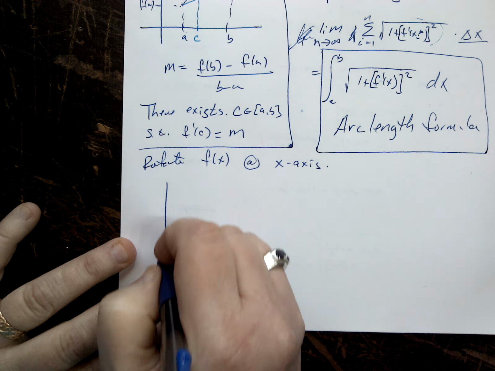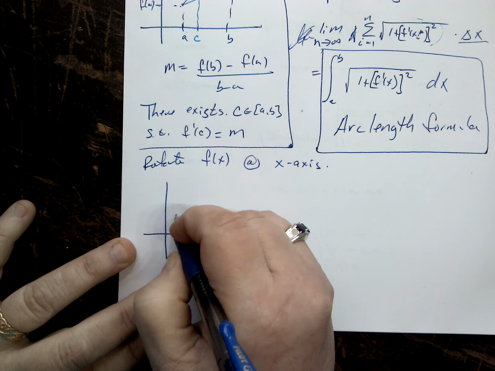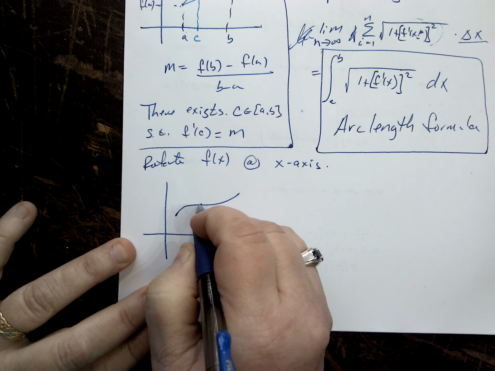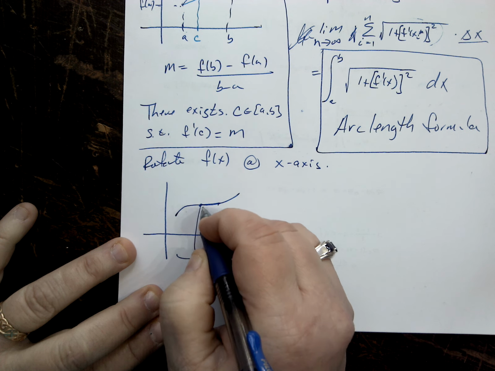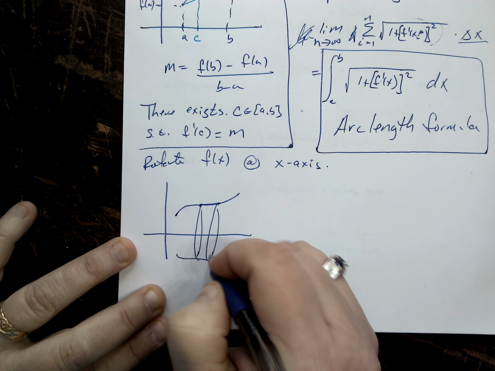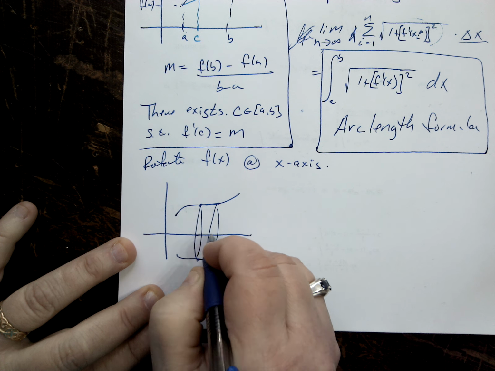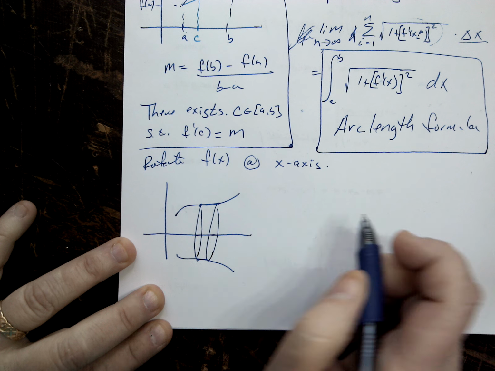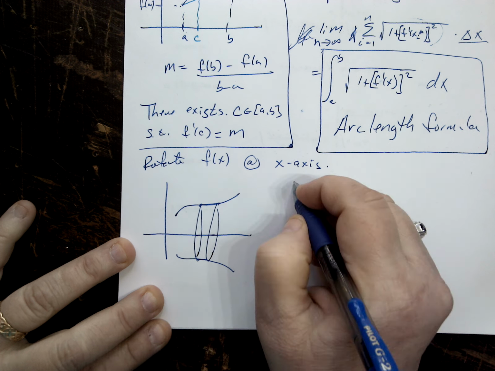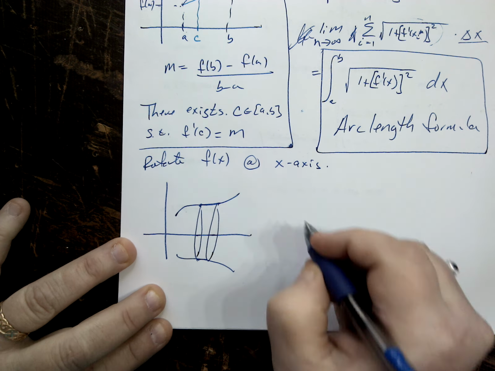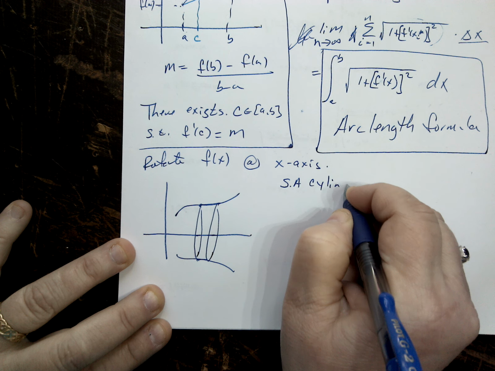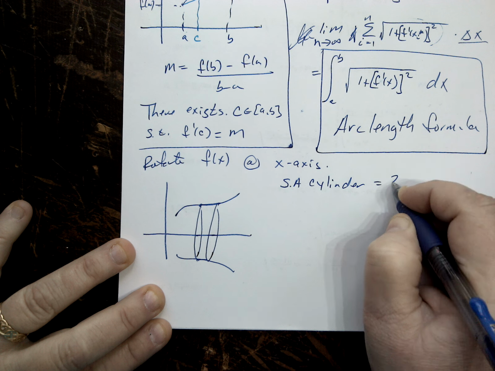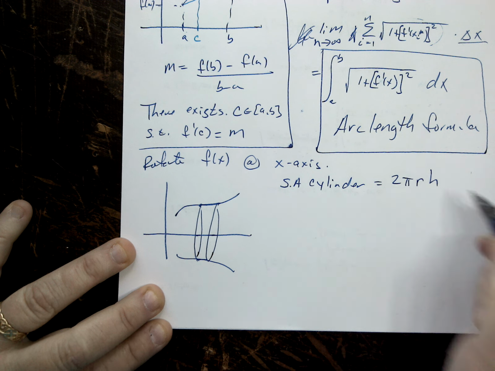So what we have, okay, there's this. So you see we have a little cylinder here. And the surface area of a cylinder is 2 pi r h.